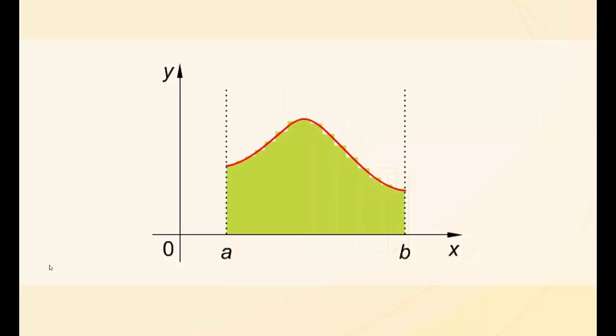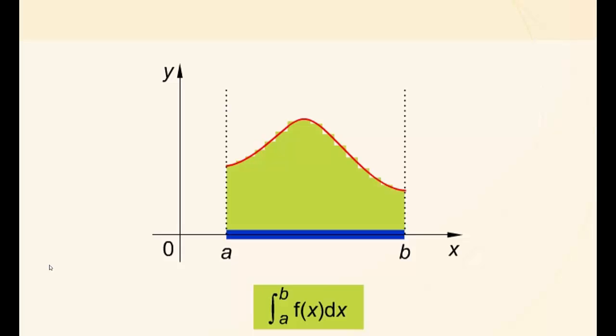If the sum of the areas of these rectangles, represented by the products f of x, times the length of the subinterval approaches a particular number independently of how the partition is performed, then this number is defined as the definite integral of f in the interval from a to b.